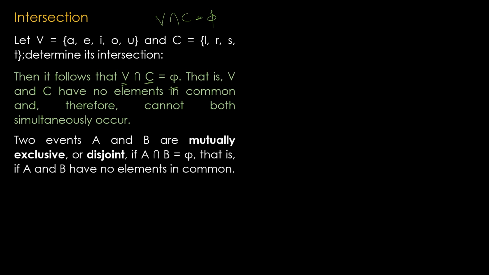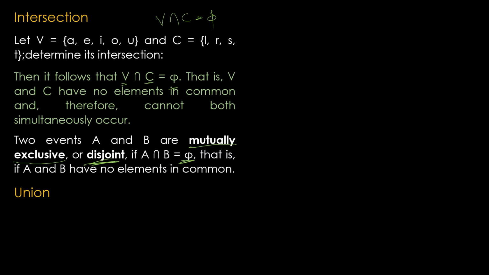So, two events A and B are mutually exclusive or disjoint if the intersection of A and B is a null set, that is, if A and B have no elements in common. Yung tawag sa kanila, they are called mutually exclusive or disjoint. Okay? Question?